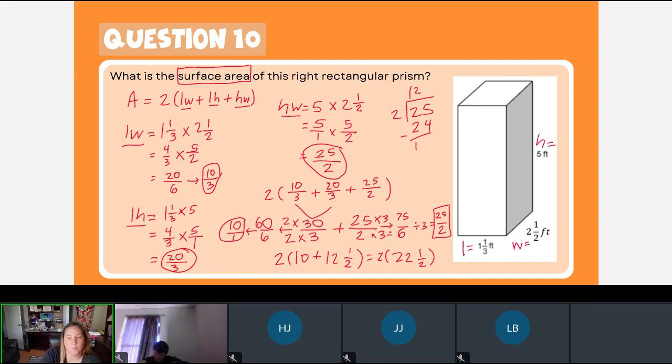That would give you 45. I'm going to write it down here. That is your final answer. Or if you want to get fancy, it would be 45 feet squared. So 45 is your final answer for number 10.